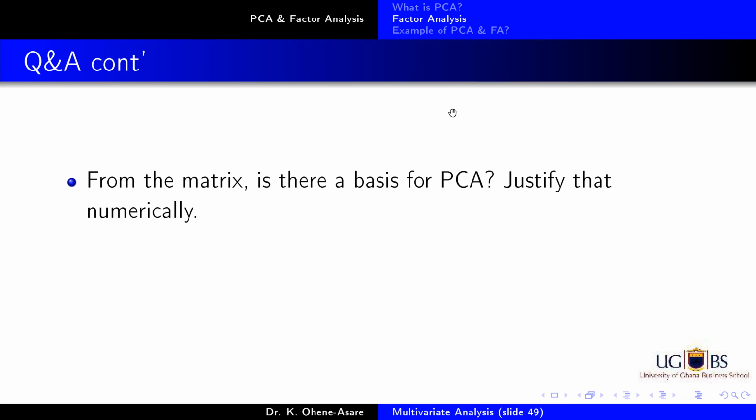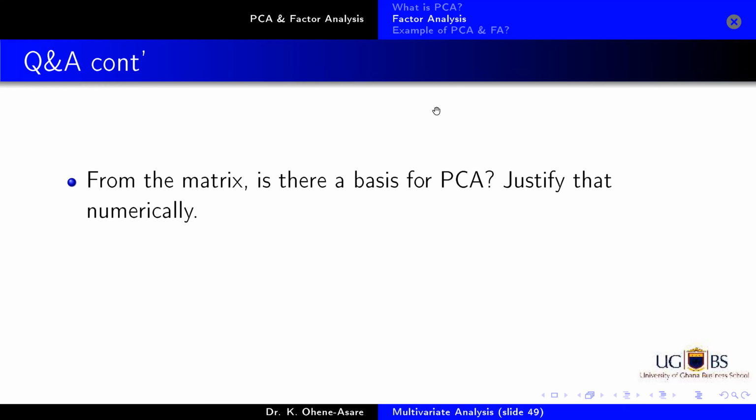And that certain number is supposed to be 7. I need to verify and confirm. But at least one of the coefficients must be 0.8 or more. Then there is a basis for principal component analysis.